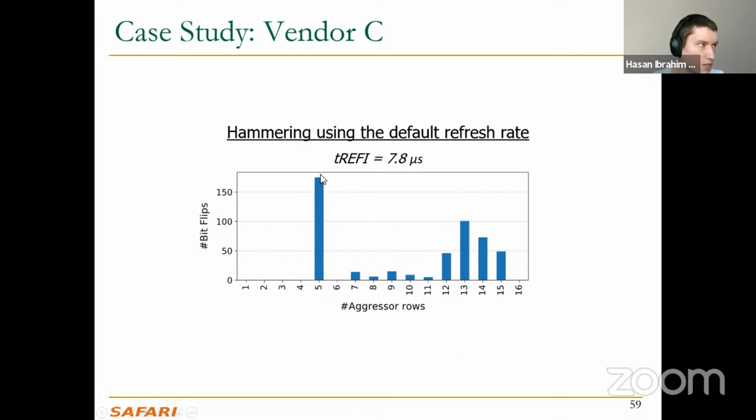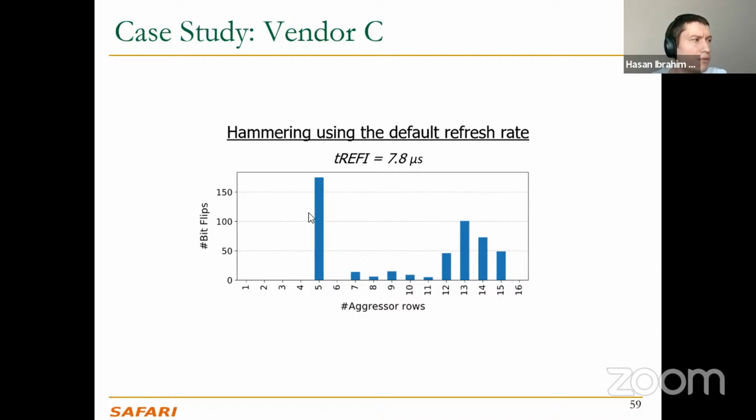The reason we see the most bit flips with 5 aggressor rows is that when we increase the number of aggressor rows, because the total budget for performing activations within tREFI is limited, the hammers per aggressor row reduces, right? And when that reduces, we can hammer each aggressor row less and disturb the neighbors less. This is why we think that with 5 aggressor rows, we get the maximum number of bit flips.